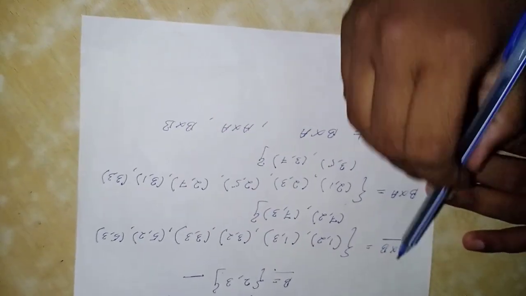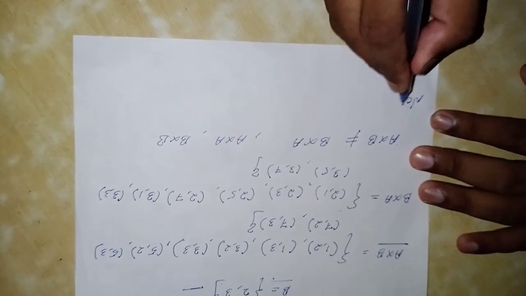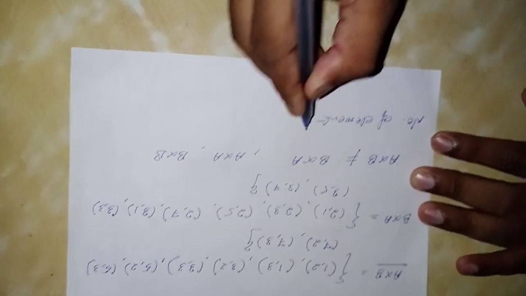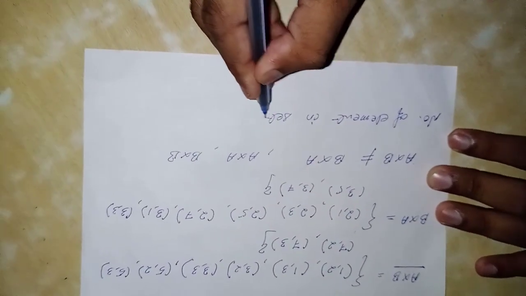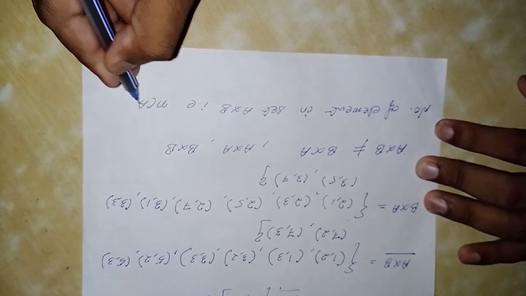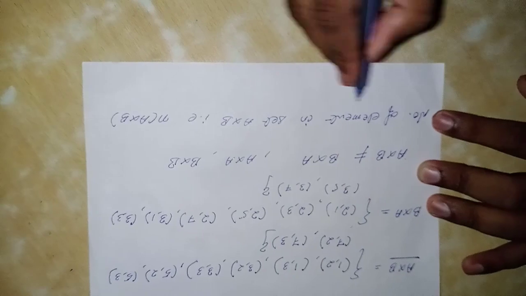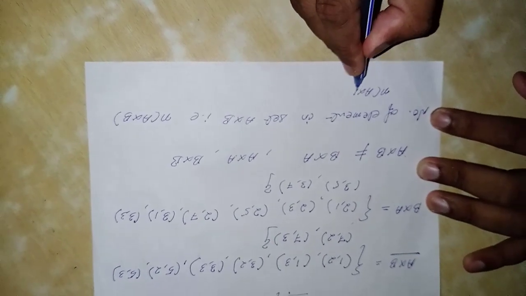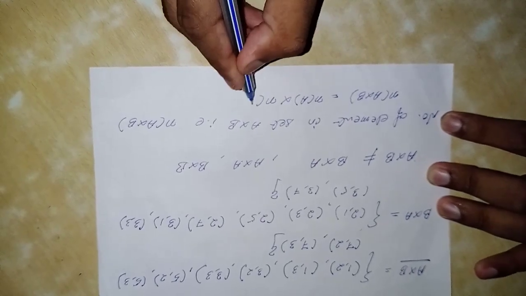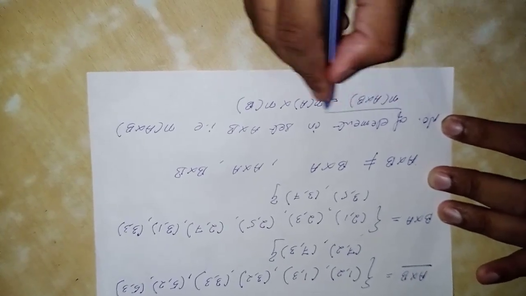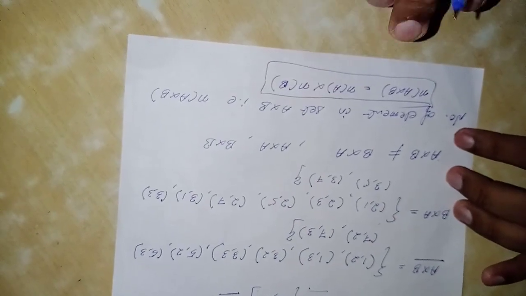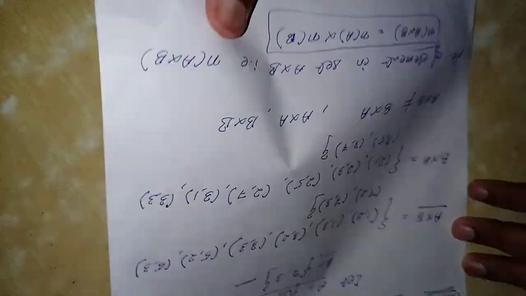Now how will we find the number of elements in set A cross B? The formula is n(A cross B) is equal to n(A) into the number of elements in set B. This is the formula to find the number of elements in set A cross B. Let us take an example.